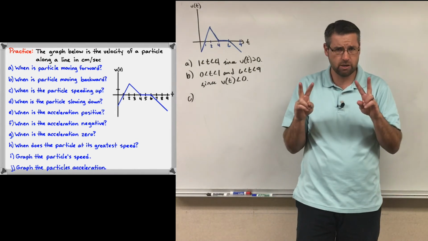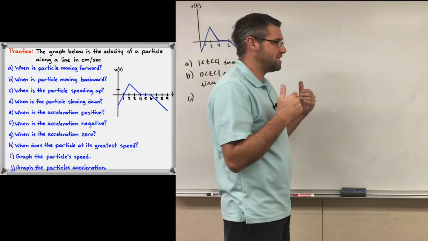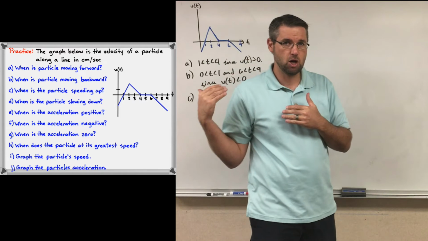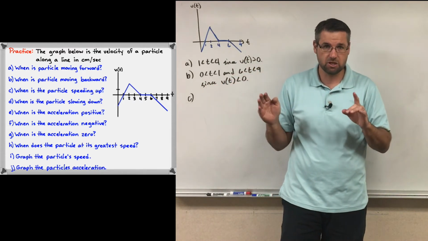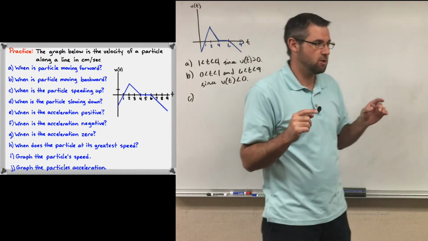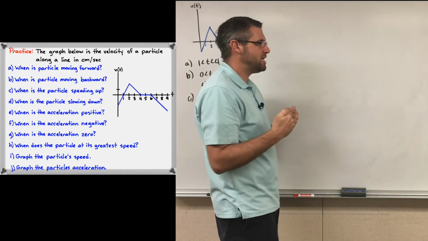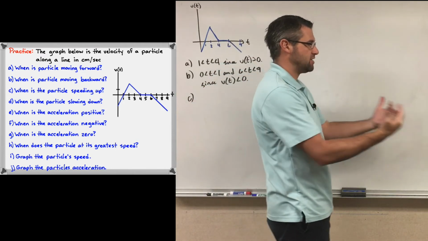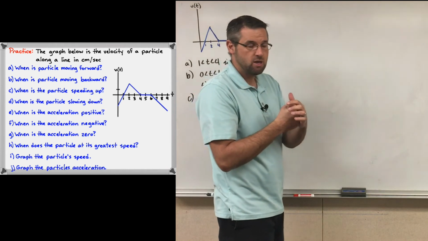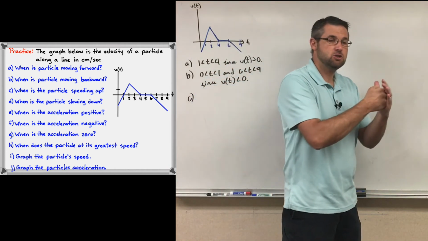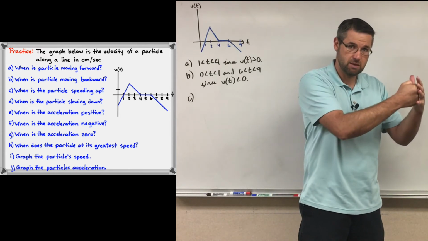Well, there's two scenarios that I can get faster with. Okay. First of all, it depends on which direction I'm going. It does not matter where I'm at. It doesn't matter my position. What matters is which direction I'm going. So if I'm moving in the positive direction, how is it that I can move faster? I move faster when I have a force that propels me to go in the same direction, or to move faster in the same direction.